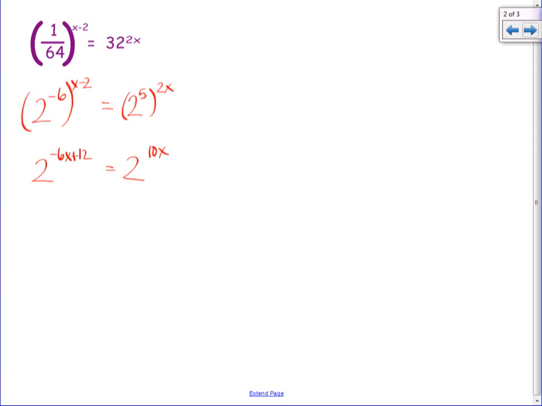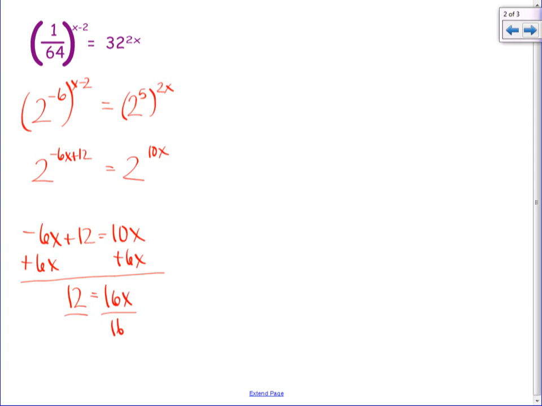We set the exponents equal on step 3. So we've got negative 6x plus 12 equals 10x. And now we'll just solve for x. That's 3/4, or 0.75.